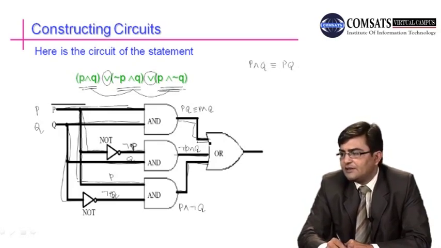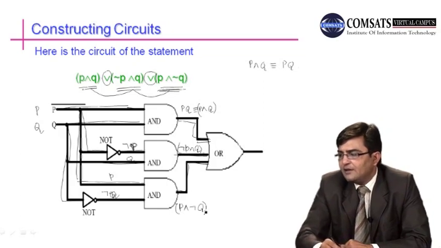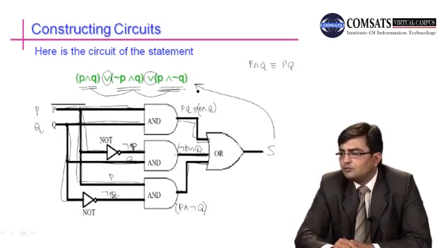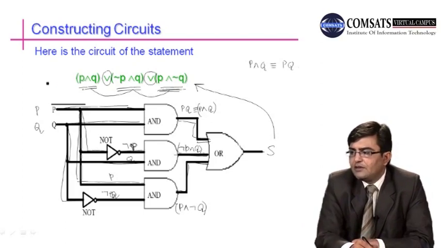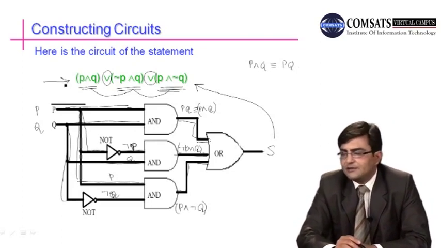One input is this expression, the second input is this expression, and the third input is this expression, and the output is S, which is this expression. So we can construct complex circuits like this, which correspond to these Boolean expressions or logical expressions.